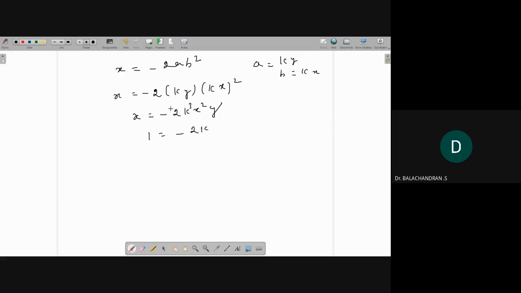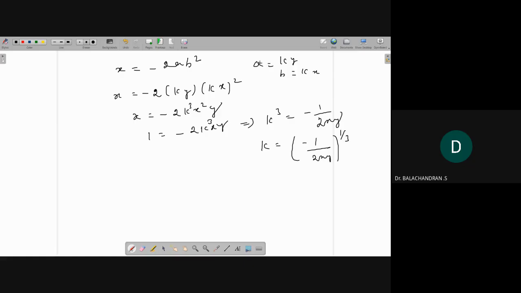Suppose if there is any mistake, please point out. So this implies k cube equal to, I think I missed one x here. After cancelling x, here I have x, k cube equal to minus 1 by 2xy. So k equal to minus 1 by 2xy whole power 1 by 3. So this is the value of k.